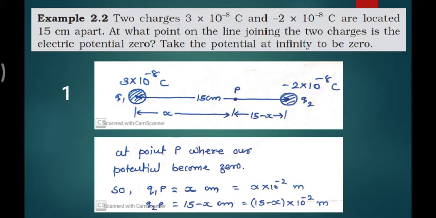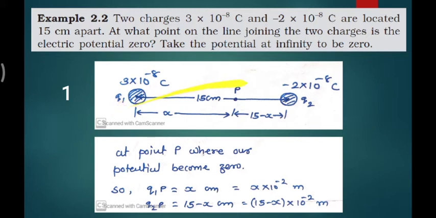We need to find the distance x where the point on the joining line has zero potential. So we put potential equal to zero and find x. It is the reverse process: earlier the distance was given and we found the potential. Here the potential should be zero and we need to find x.